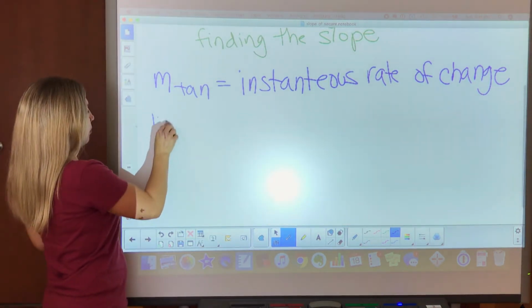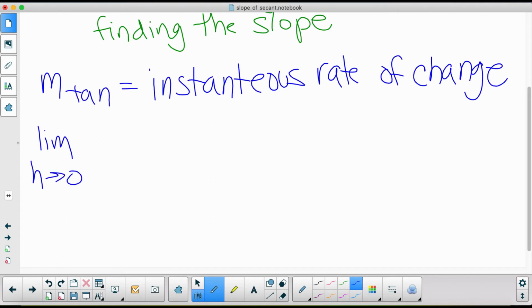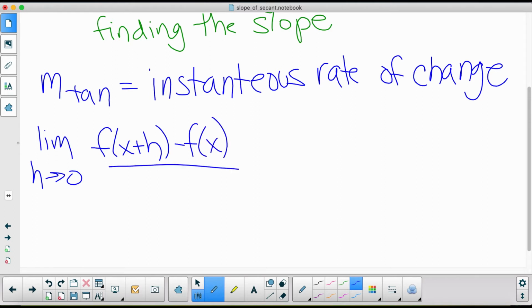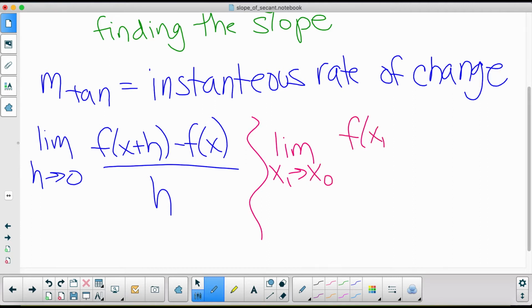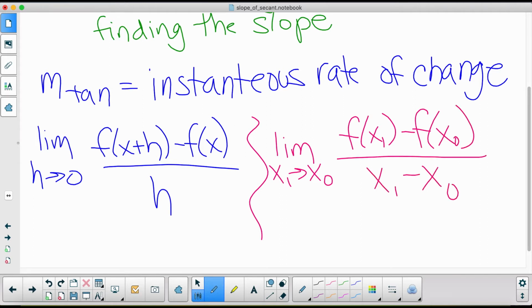You have the limit as h goes to 0 of f of x plus h minus f of x all over h. Or you can use the limit as x sub 1 goes to x sub 0 of f of x sub 1 minus f of x sub 0 all over x sub 1 minus x sub 0.